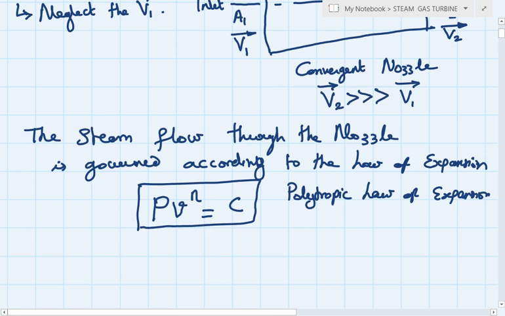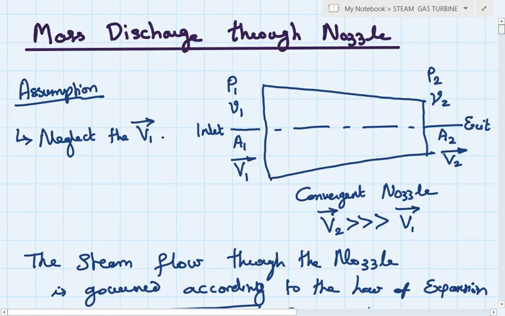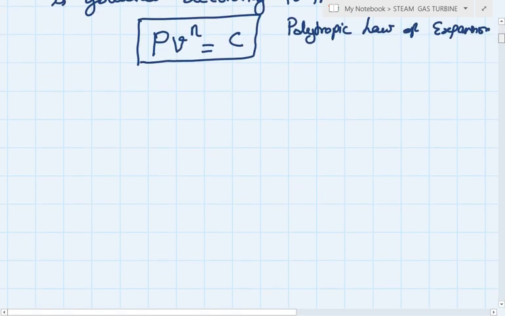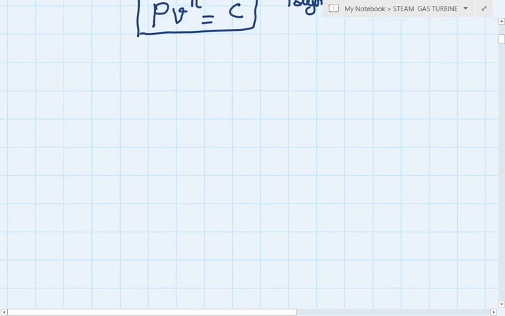Basically in a nozzle, the fluid or the steam gets expanded. Fine. So this is the governing equation, PV to the power of n is equal to constant, where n is nothing but the polytropic index.